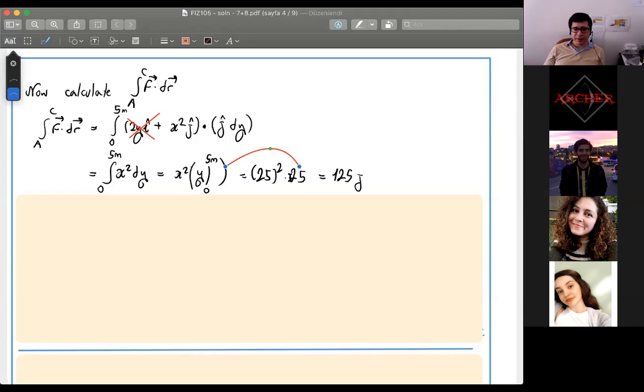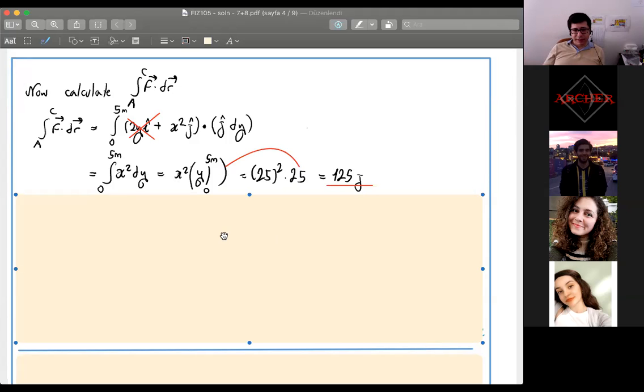So it's 5 times 25, and this integral is 125 joules. So we finished path A. Total work done is 125 joules.